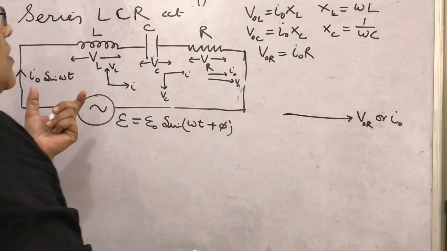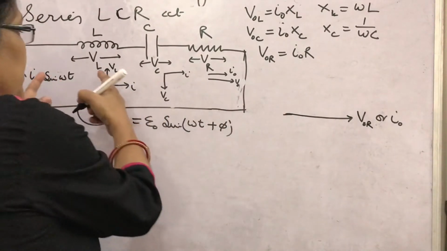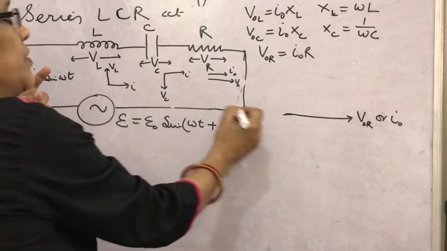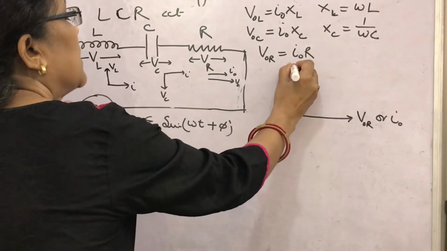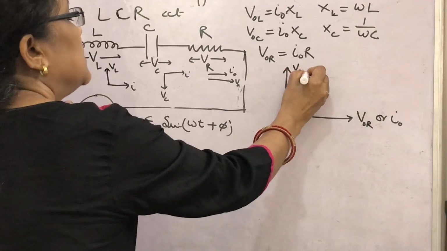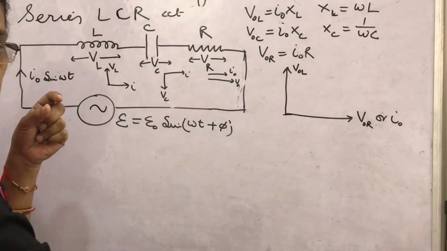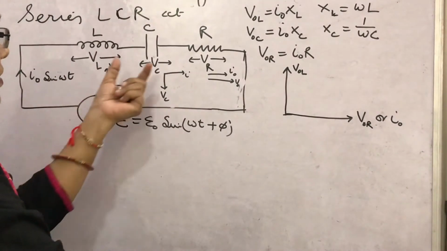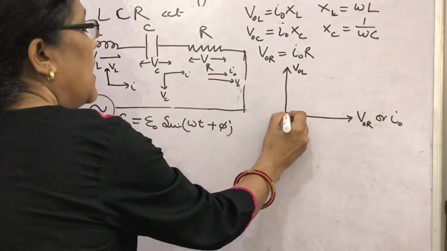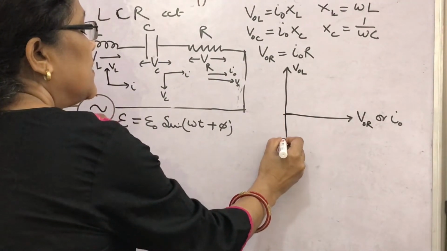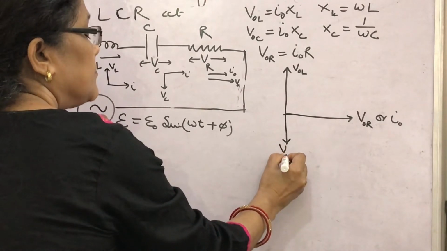If we consider the case of a purely inductive circuit, what do we observe? That voltage across inductance leads the current by 90 degree. This is the phasor. And voltage across capacitor lags behind the current by 90 degree.